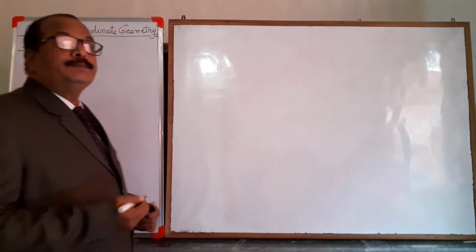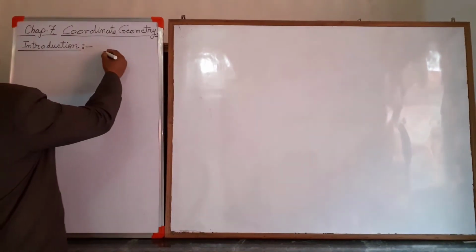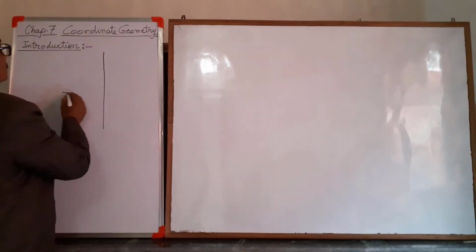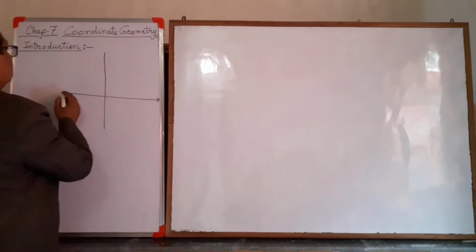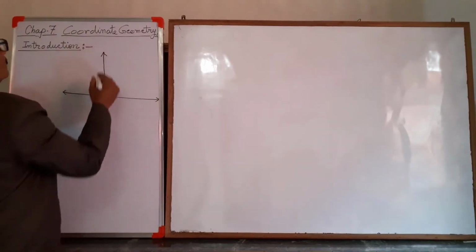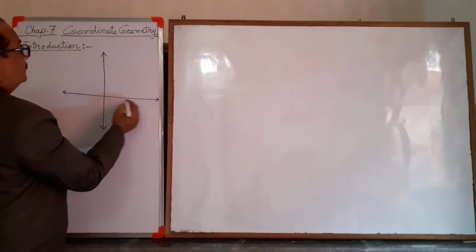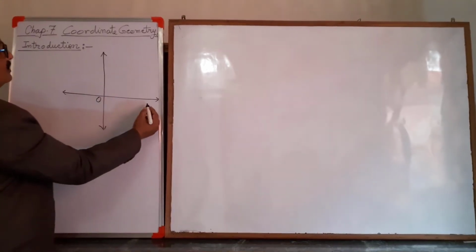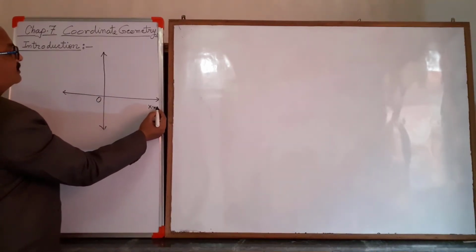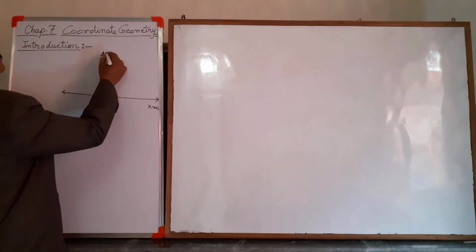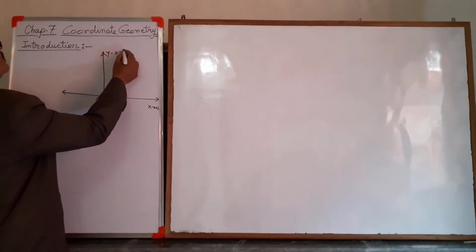Just see. As you know, students, suppose there is a point on the coordinate system. This is called origin. It is x-axis and this one is y-axis.